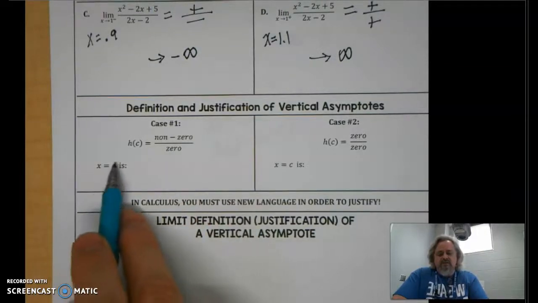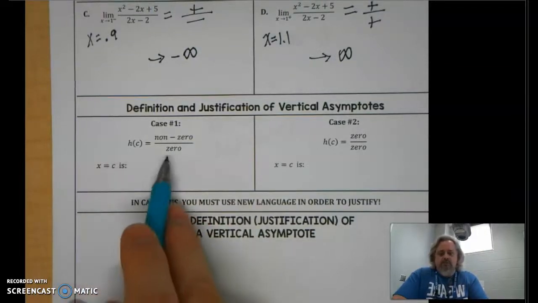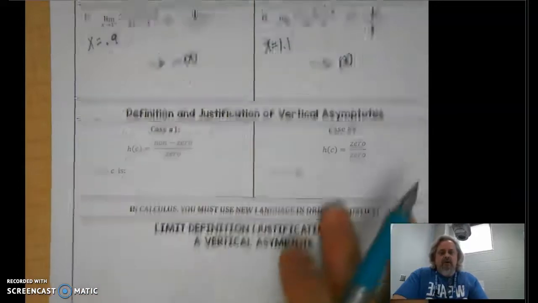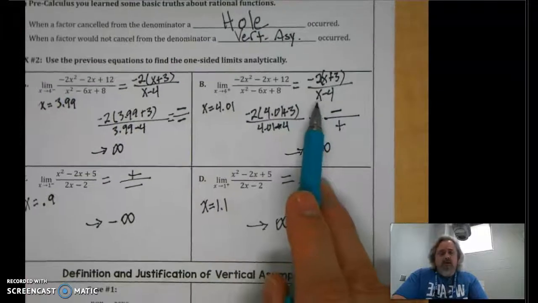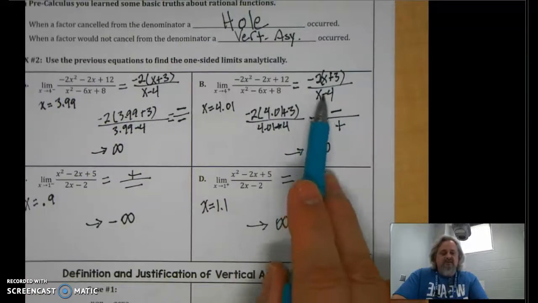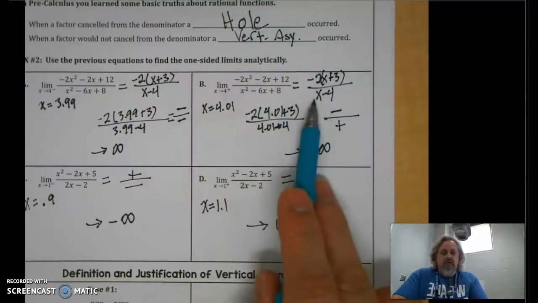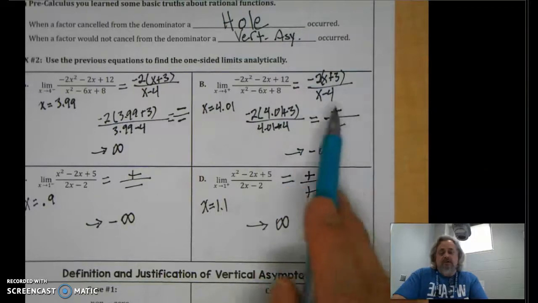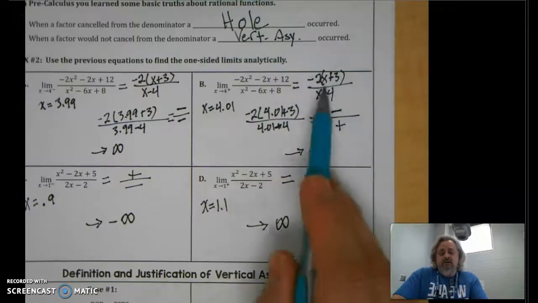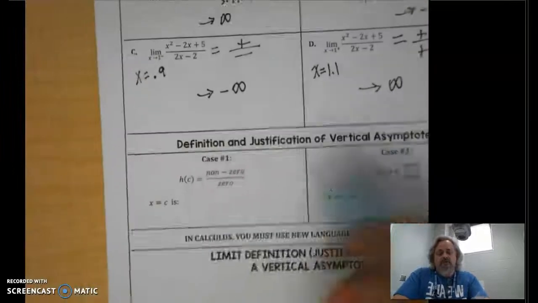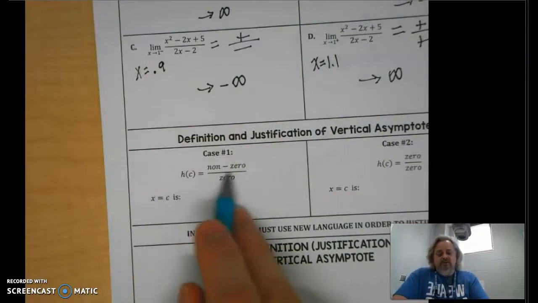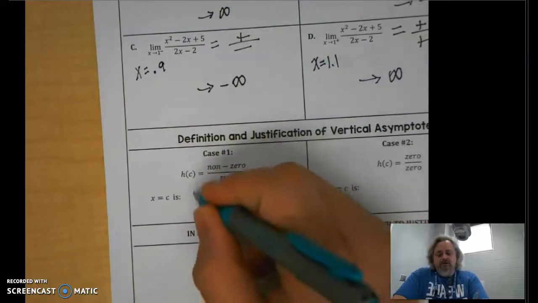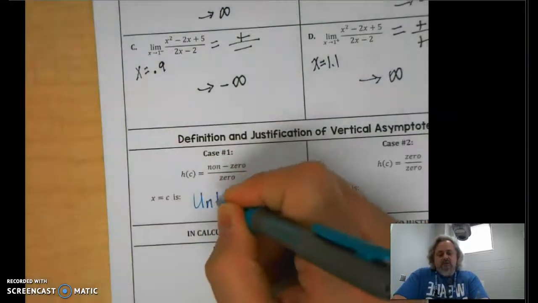If x is going to be some number that will produce a 0 in the denominator, like in this example here, if c was a positive 4, then that would give me a 0 in the denominator. It wouldn't matter what's in the numerator, because if I get a 0 in the denominator, the function is undefined. So if x equals c produces a 0 in the denominator, then that means the function is undefined.